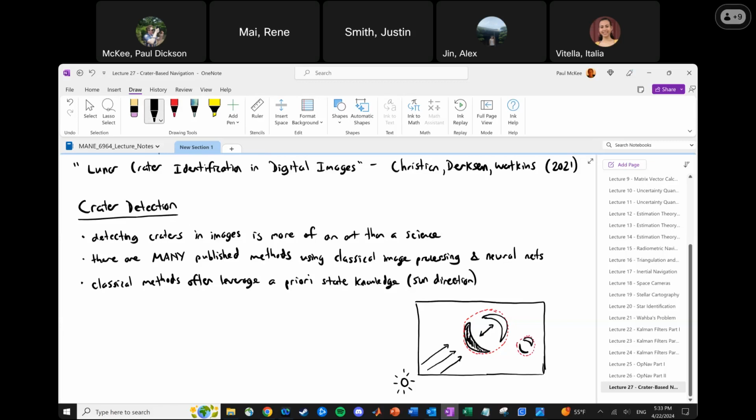So to put that in English, each crater has a darker region and a brighter region. And we'll call these equal and opposite.